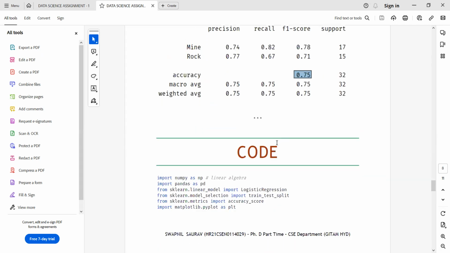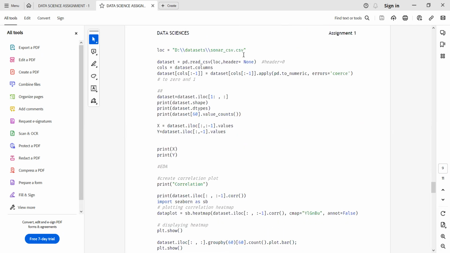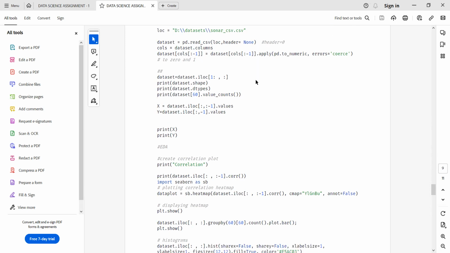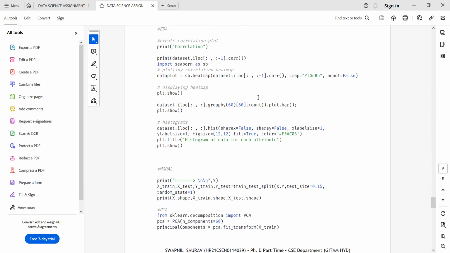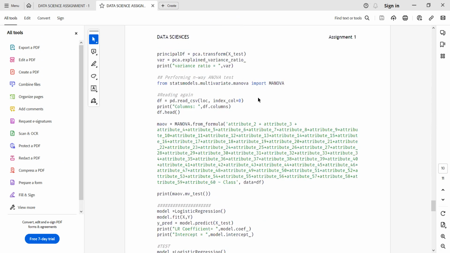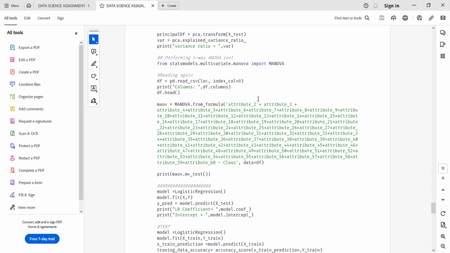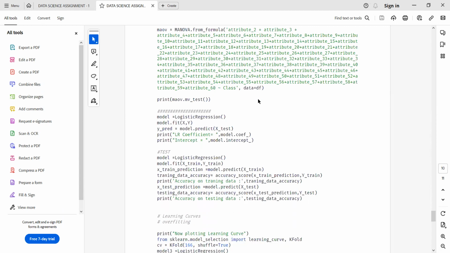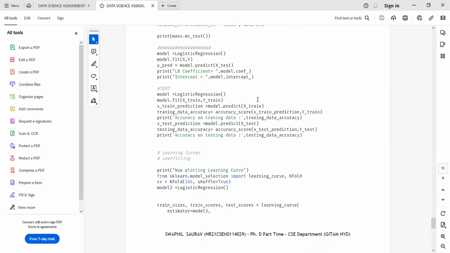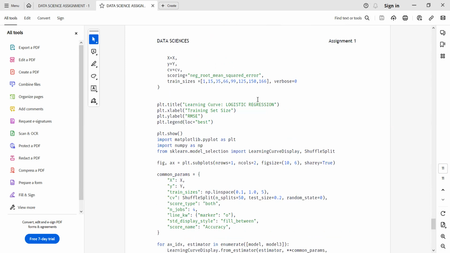I think the sonar data is there, or you can download it also. It's available. You can download and practice this. So try this. With that, we complete our classification example also.